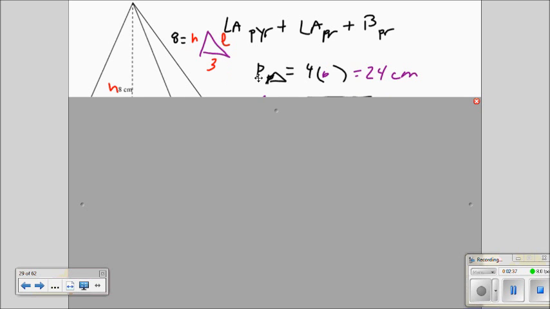To find the perimeter of my pyramid, since it was a square pyramid, I needed just to take 4 times the one side, and the one side was 6, so 4 times 6 is 24. So it's 24 centimeters.